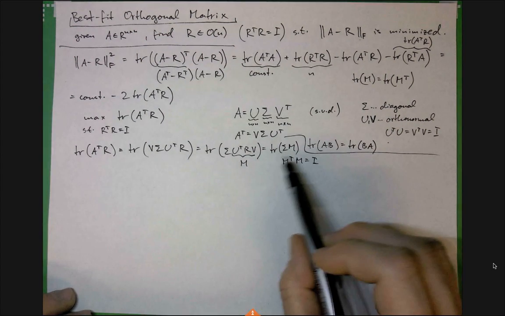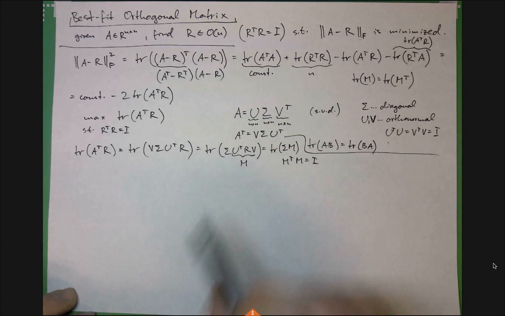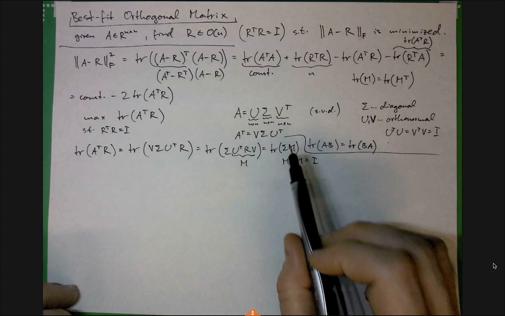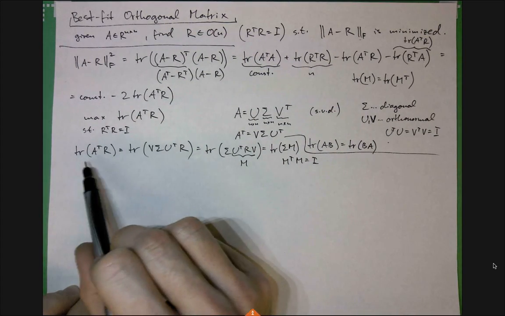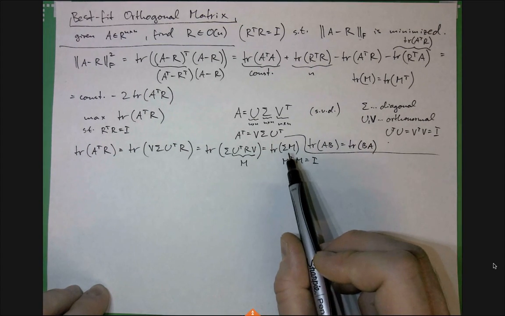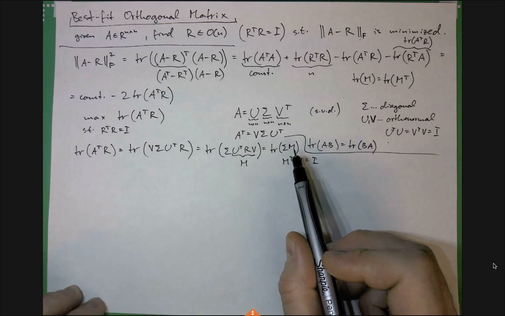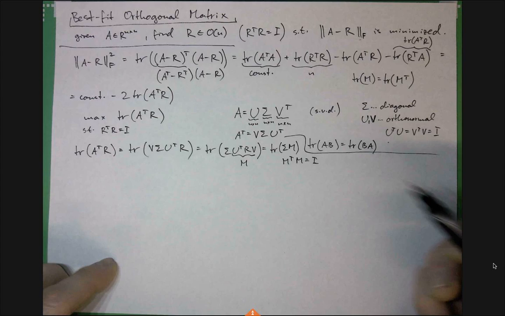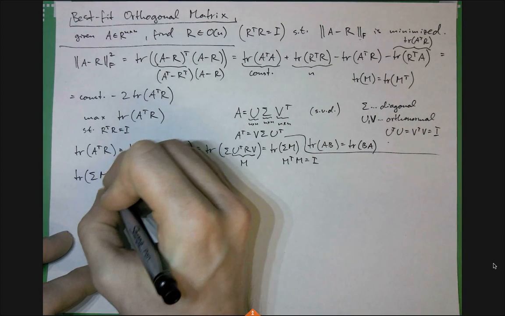And interestingly, from this, I can reason about what the R must be to maximize this expression. Remember, the task here is maximizing this. So here we are just manipulating this expression. What we need to do is maximize the trace of sigma M, where M is an orthonormal matrix, right? So let's take a look. What is this trace of sigma M?